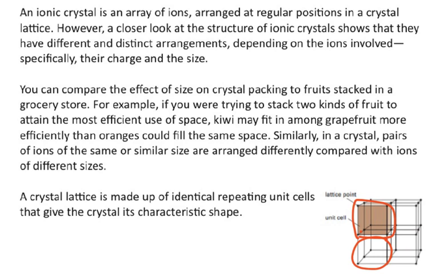If we have two different types of fruit, let's say grapefruits and kiwis, a large fruit and a small fruit, we can fit quite a few kiwis in the gaps formed by the grapefruits. That's exactly what is going on with these ionic networks. The large cations and the small anions leave space between them.